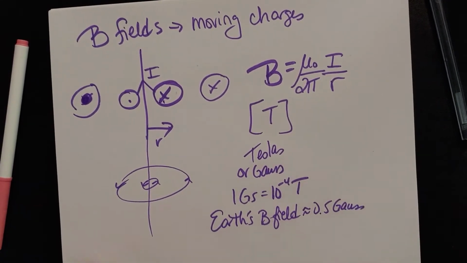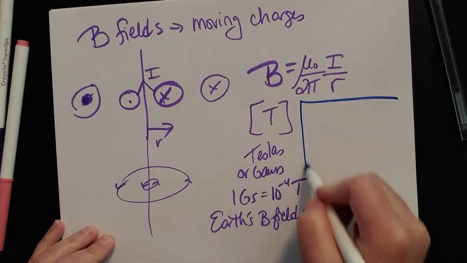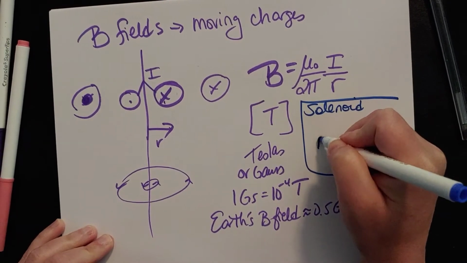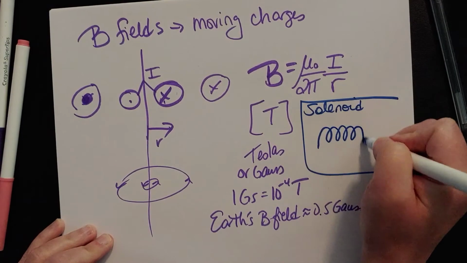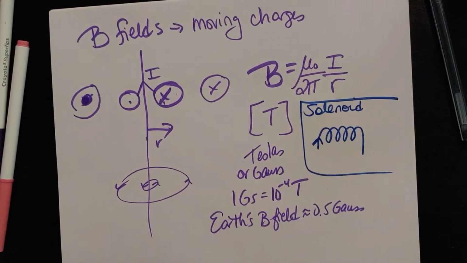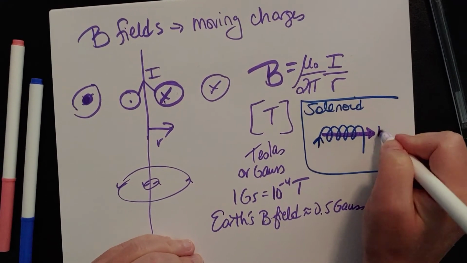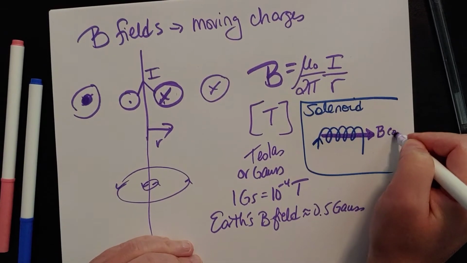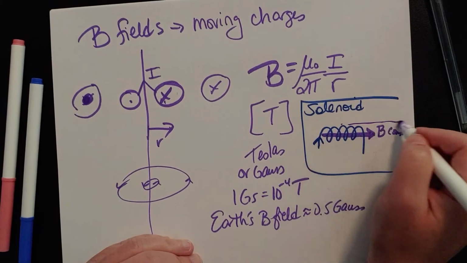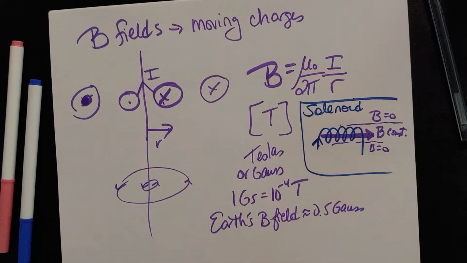Cool. Here, I'll just shove this on this page: a solenoid. It's like a coil of wire, right, where you get a current coming in here. So what you get, the magnetic field created by this, is for an infinitely long solenoid, you get a constant B inside the solenoid, and B equals 0 outside the solenoid.